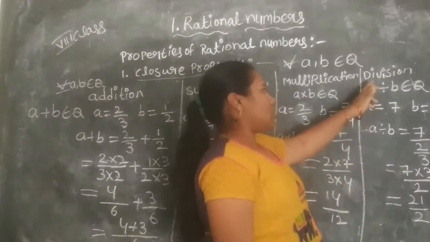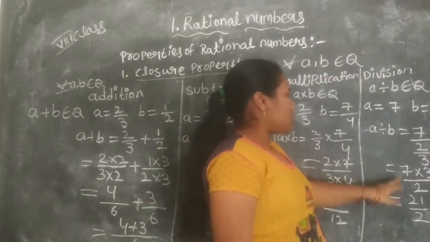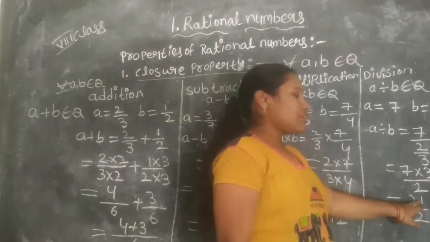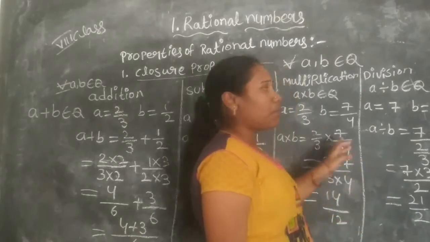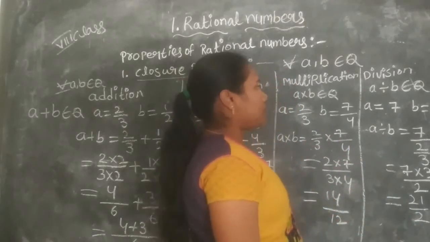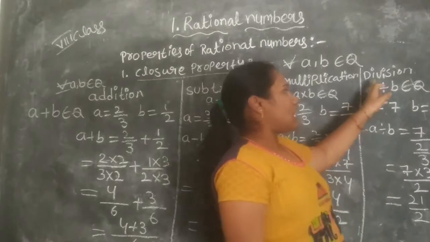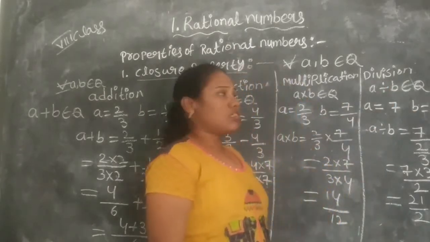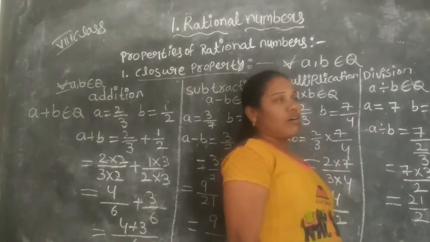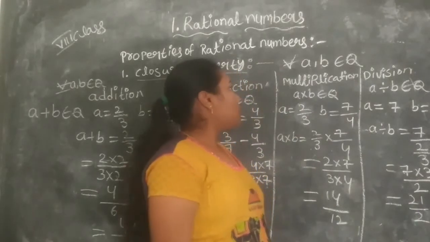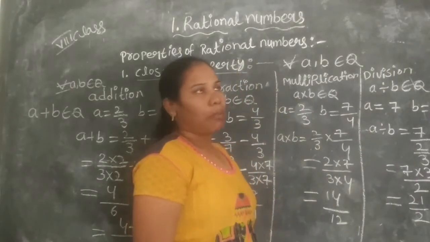So this operation is also satisfied. 21 by 2 is also a rational number. So this property is closed under division also.